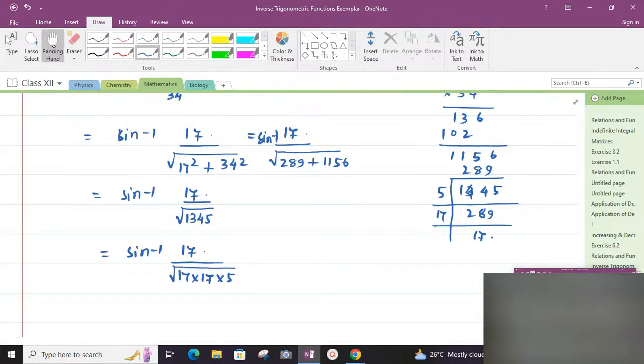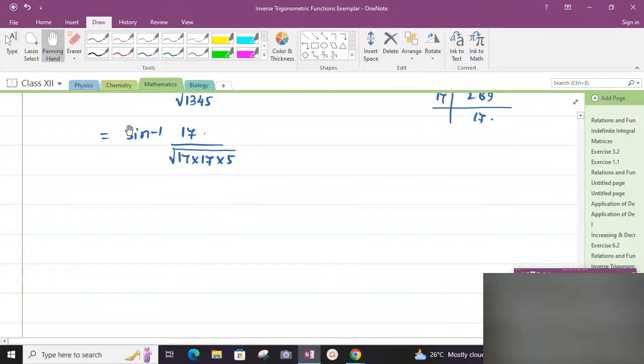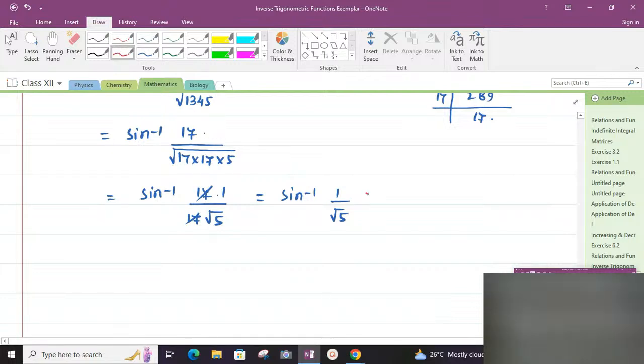So here it will be sin inverse 17 by 17 into root 5. So we cancel out this. Then we get sin inverse 1 by root 5, which equals RHS. Proved.